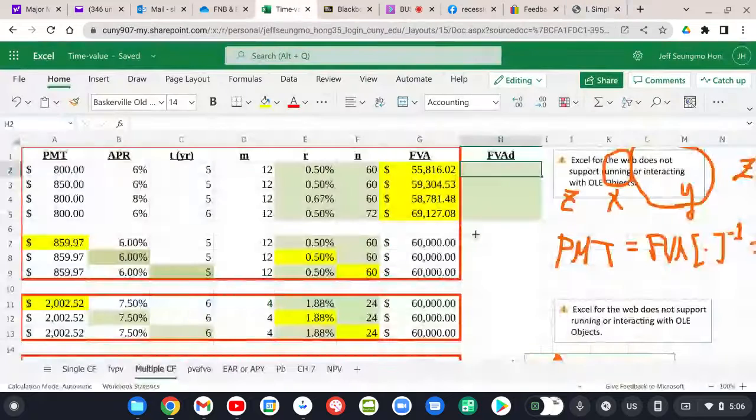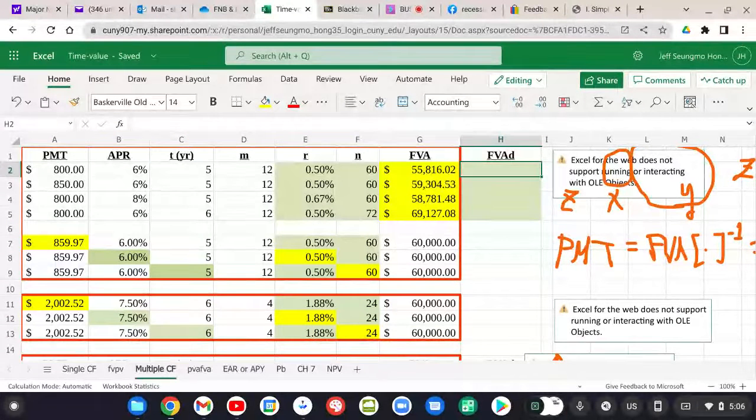So then, aha. A clever person has a moment of epiphany, great enlightenment. Oh, because the only difference is one more compounding, I can recycle the result of the ordinary annuity.